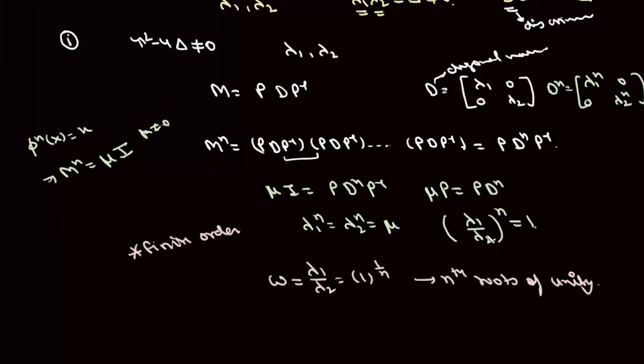Now since lambda 1 upon lambda 2 is an nth root of unity, mod of lambda 1 upon lambda 2 is equal to 1. That is, mod of lambda 1 will be equal to mod of lambda 2. And we know lambda 1 into lambda 2 is delta. From here we can write mod of lambda 1 will be equal to under root delta.